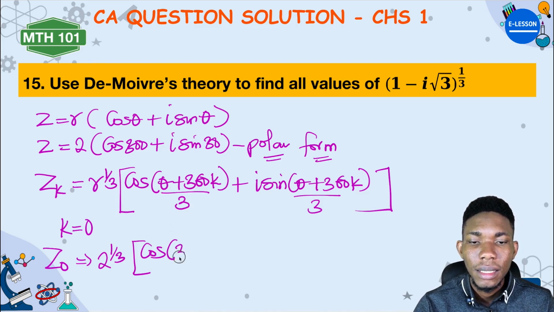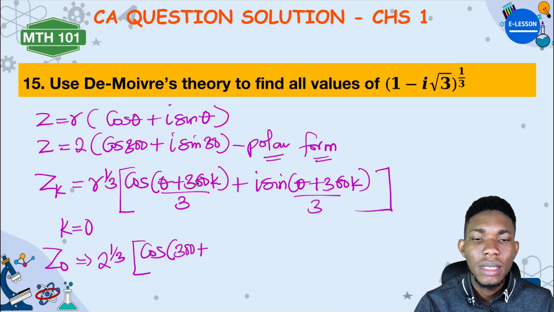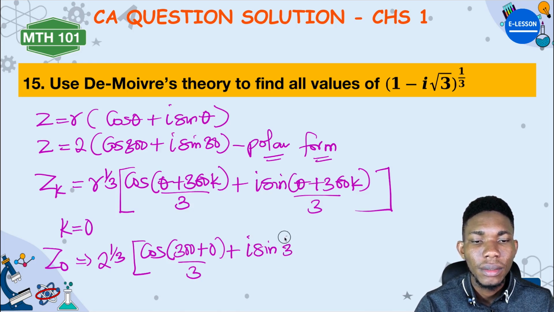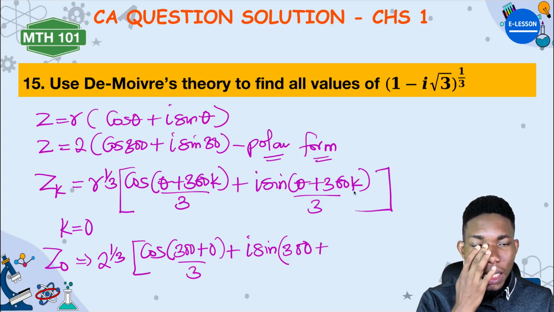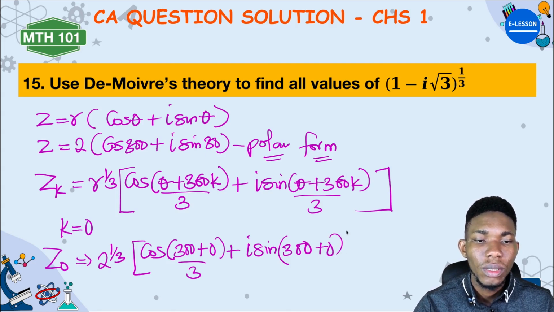Theta is 300 plus 360 times k. Everything here will give us 0 because k is 0. 360 times 0 will give us 0. So we have 300 plus 0 divided by 3, plus i sin of 300, plus k is 0, multiplied by 360, which will give us 0, everything here divided by 3.